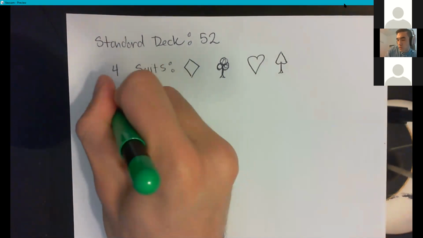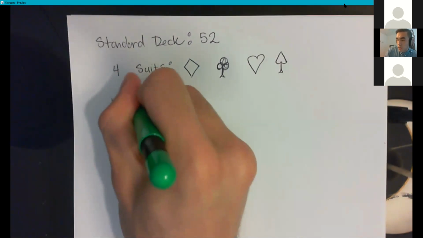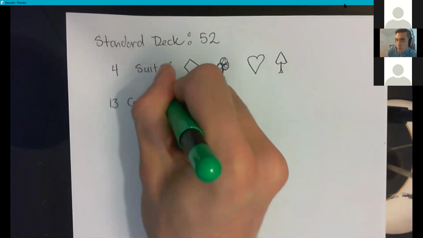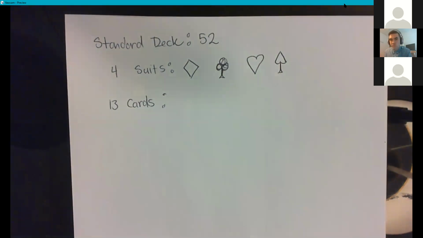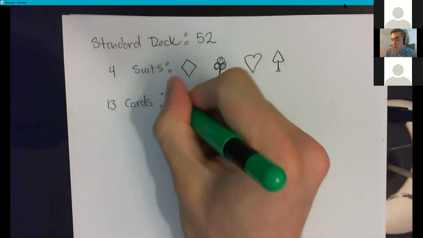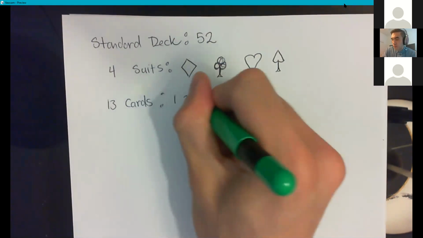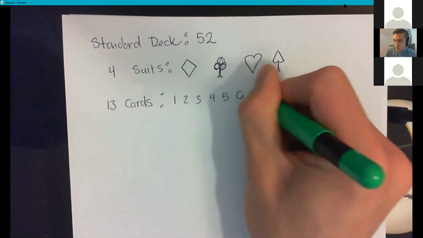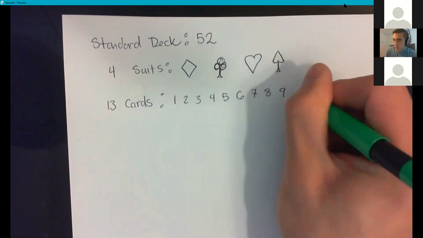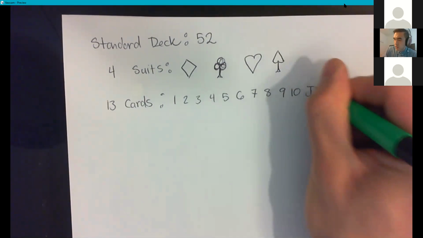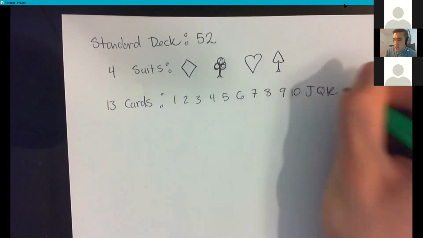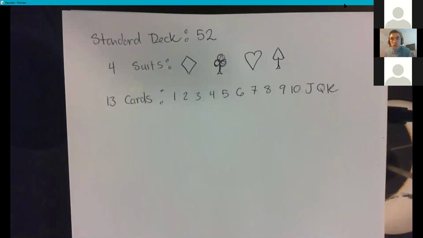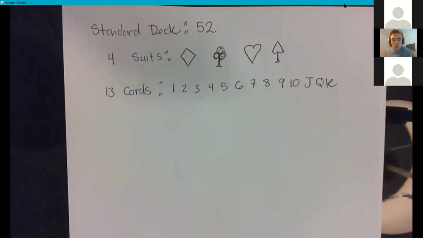And then of the 4 suits, there are 13 cards in each suit. And those 13 cards are the numbers 1 through 10. And then Jack, Queen, King in that order. If you need to know the rules of the game, I'm not just going to ask any questions like, hey, what's the deal with poker?